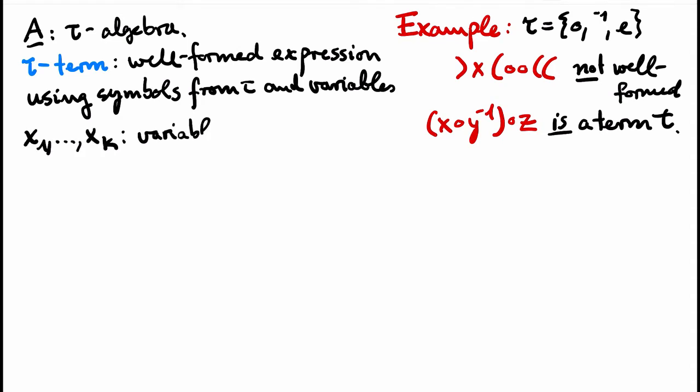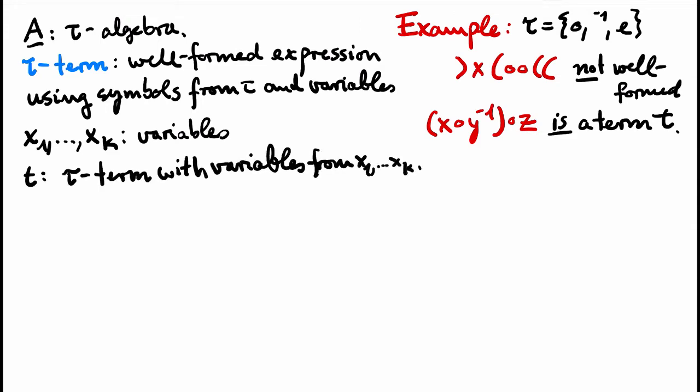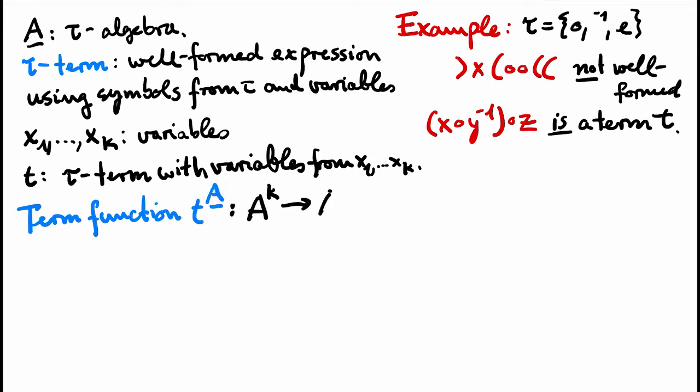If x1 up to xk is some fixed set of variables, and t is a term formed with variables from x1 up to xk only, then t defines a function from A to the k to A, namely the function that maps a1 up to ak to the element obtained from the term by evaluating it in the algebra A after replacing x1 by a1, x2 by a2, and so on.